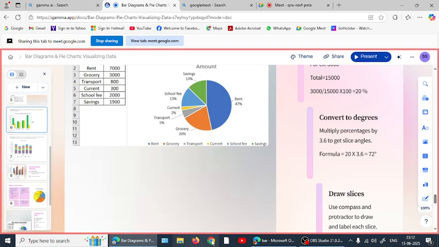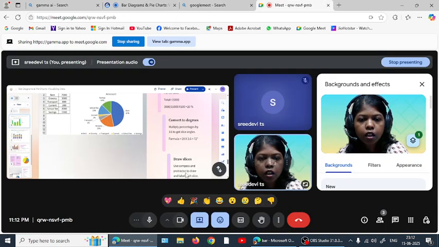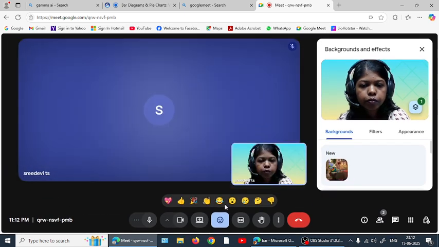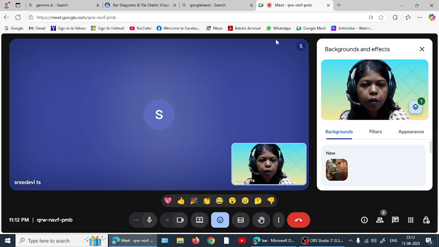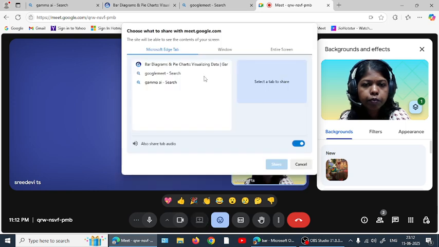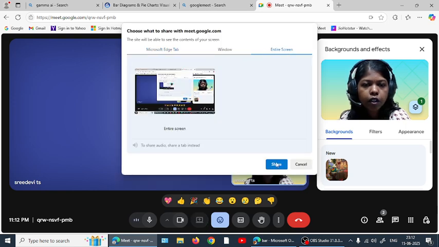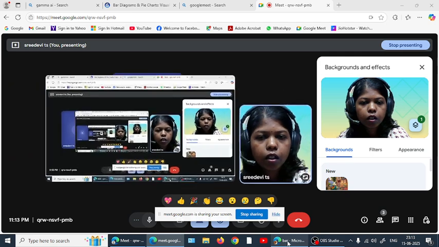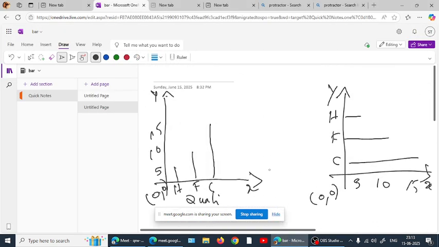Can you see my screen? Here I will show you how to draw that.